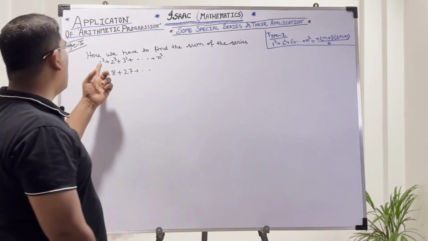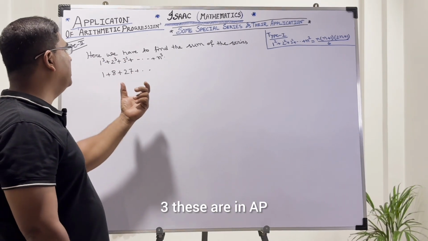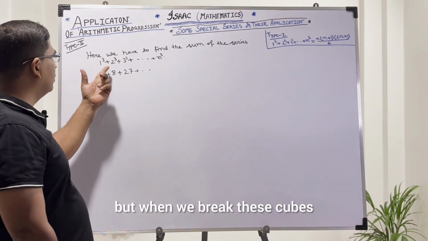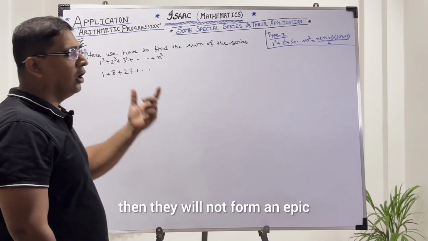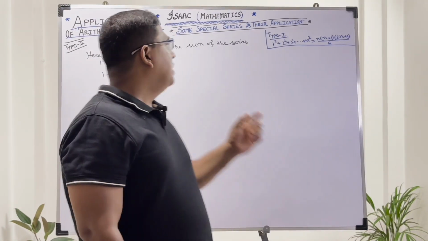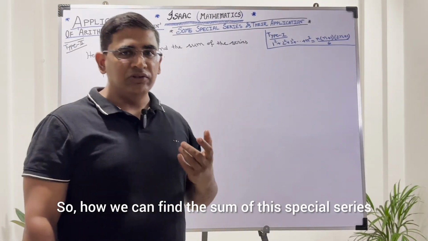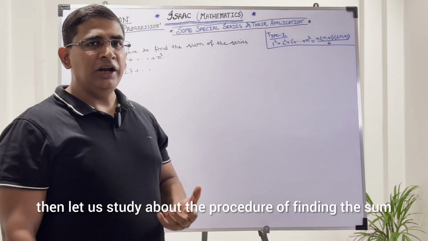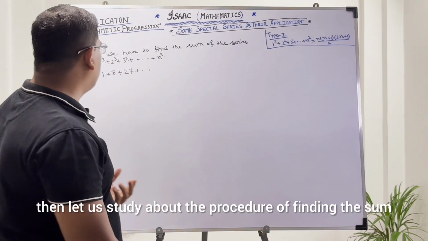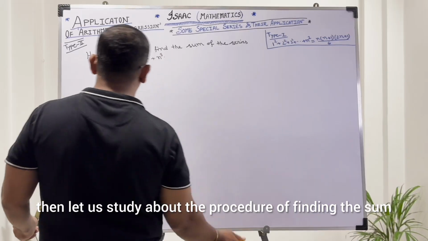Okay, like 1, 2, 3, these are in AP, but when we break these cubes, then they will not form an AP. So this is a special series. So how can we find the sum of this special series? Then let us study the procedure of finding the sum.